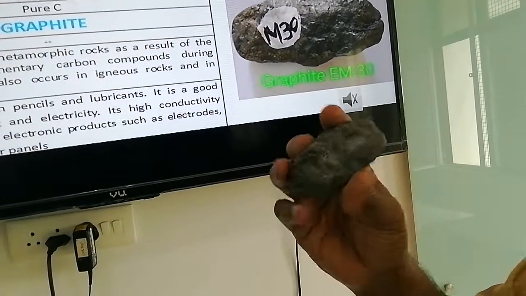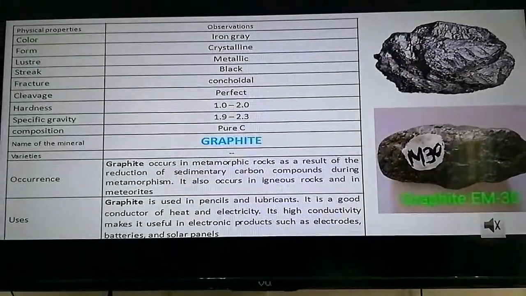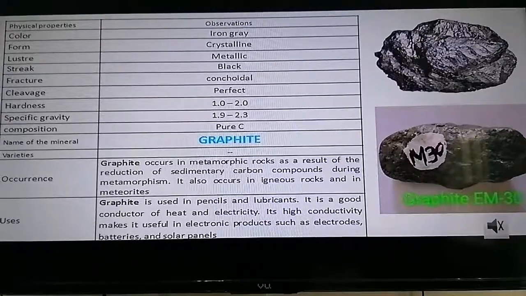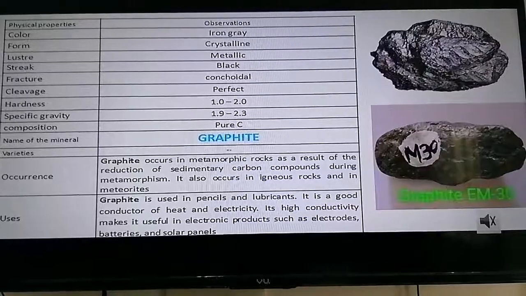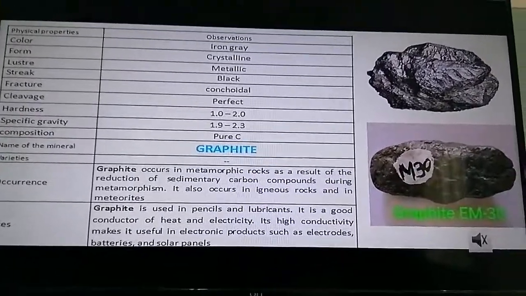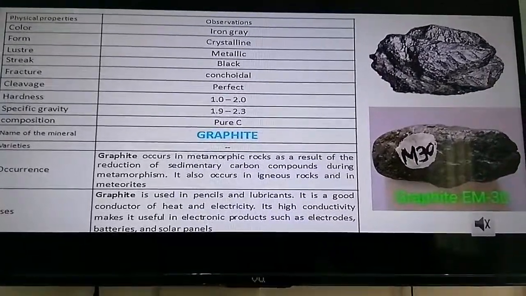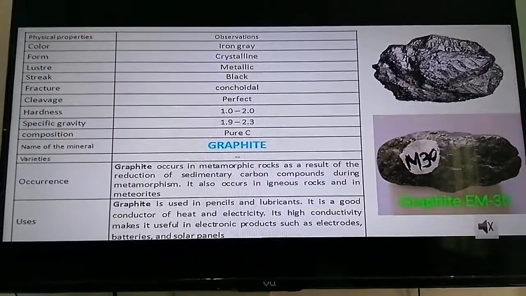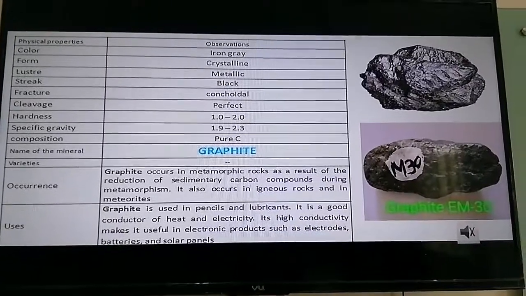It shines beautifully and streak is black, conchoidal fracture, cleavage is perfect and hardness is recorded as 1 to 2, whereas specific gravity is 1.9 to 2.3 and its chemical composition is purely carbon. Graphite occurs in metamorphic rocks as a result of the reduction of sedimentary carbon compounds during metamorphism. It also occurs in igneous rocks and in meteorites.